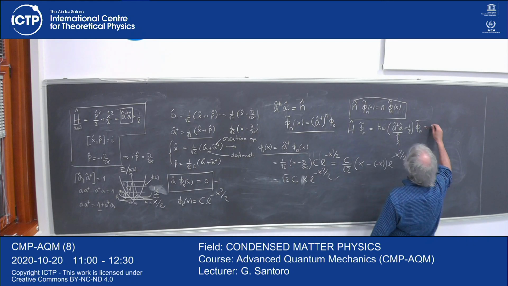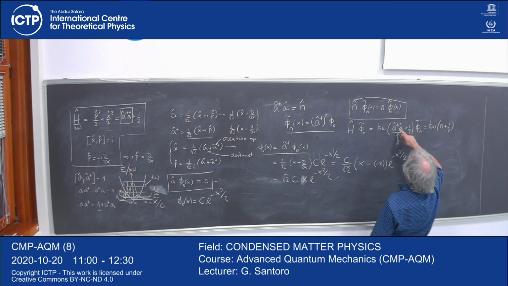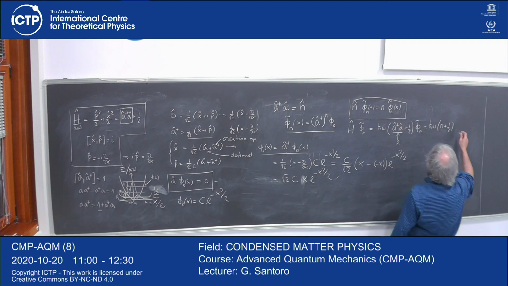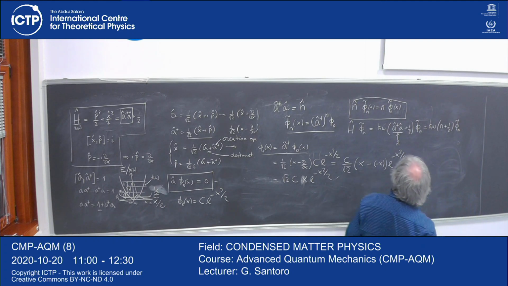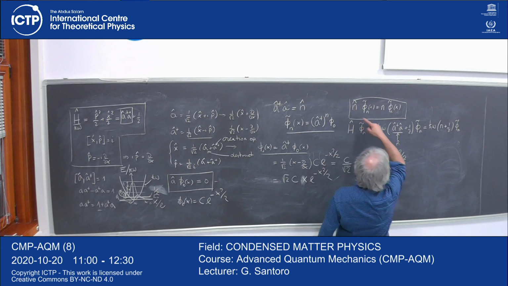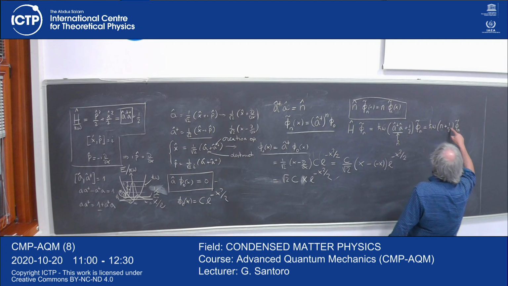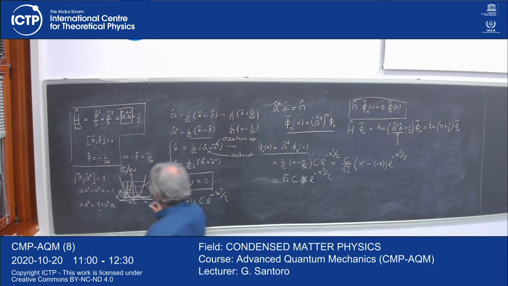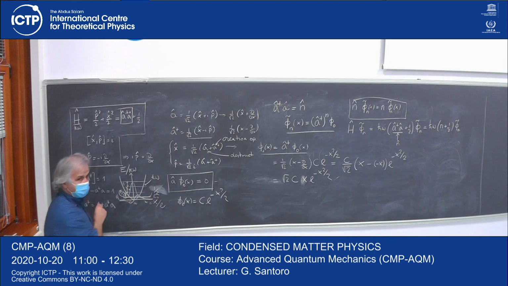So the result of this calculation is simply, by using this equation, n plus 1/2. Now this is a number, not the number operator, just an integer plus 1/2, times phi tilde n. So in other words, phi tilde n, if this is true, which we have to verify, is an eigenstate with eigenvalue n plus 1/2. So it's one of the states here in the ladder, n steps above the ground state.